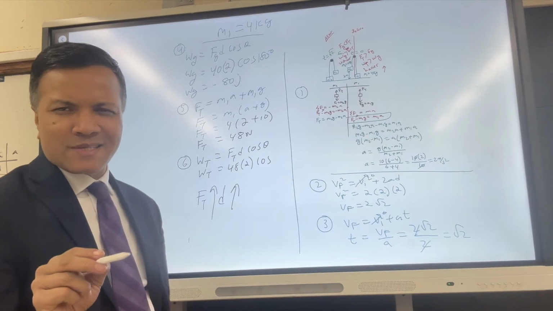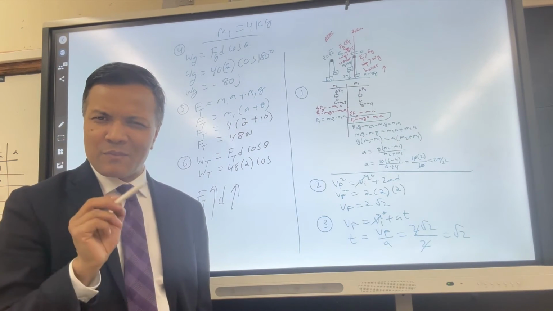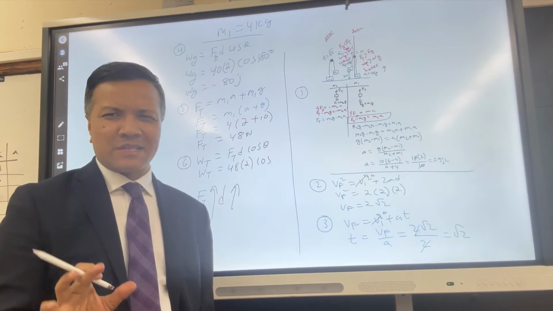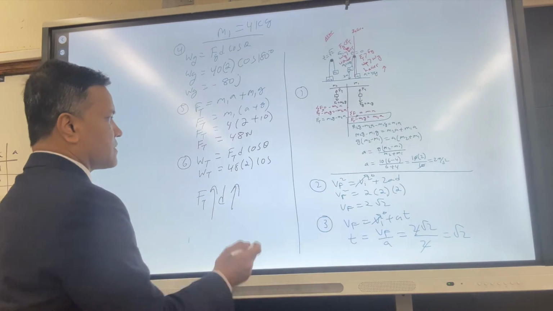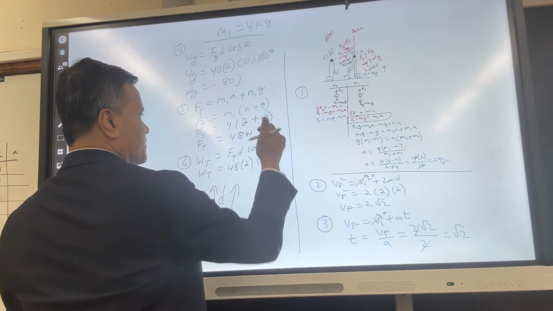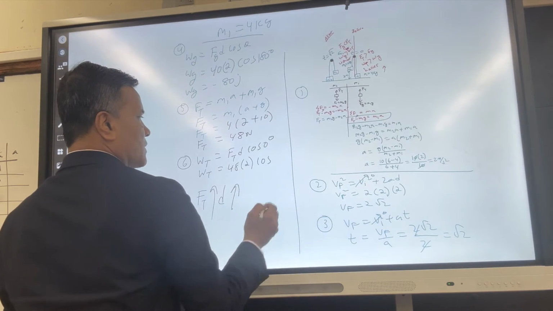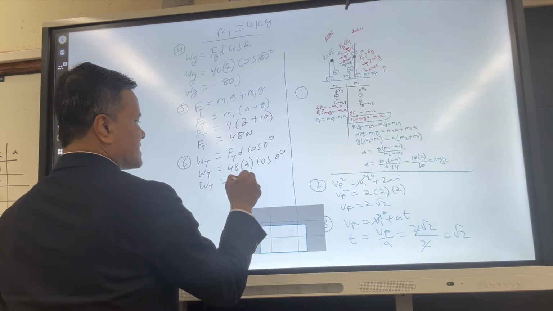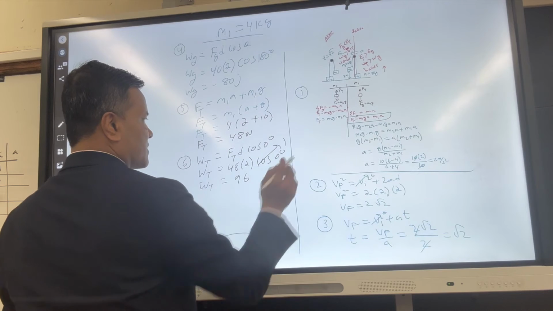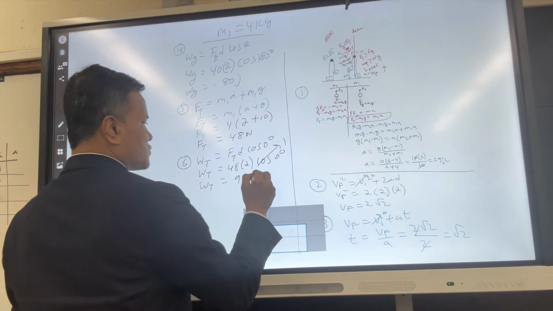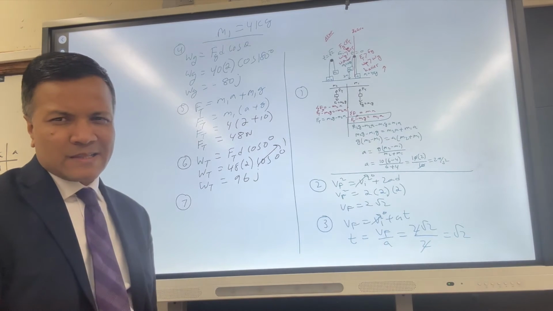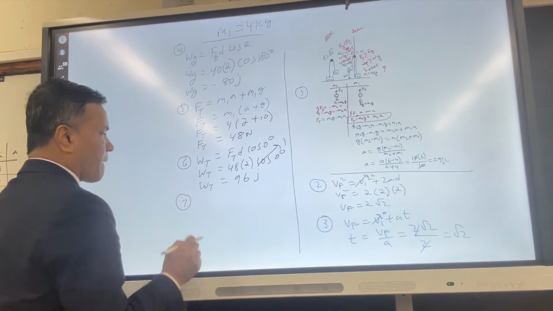Our rule number 1 tells us if both vectors are in the same direction, then positive work is done. So this is 0 degrees, and cosine is 1. So this is 96. 96 what? Joules.